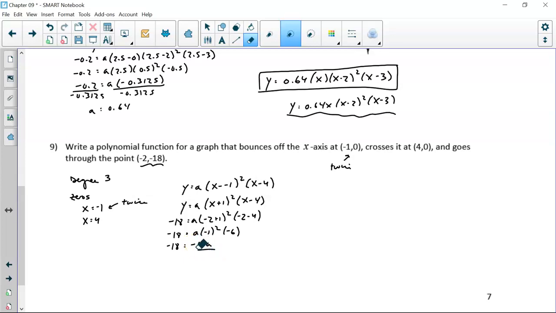Divide both sides by negative 6. A equals positive 3. So our equation y equals 3 times the quantity of x plus 1 squared times the quantity of x minus 4. And there's our polynomial function given that information. When you see that it bounces, that's a repeated solution.